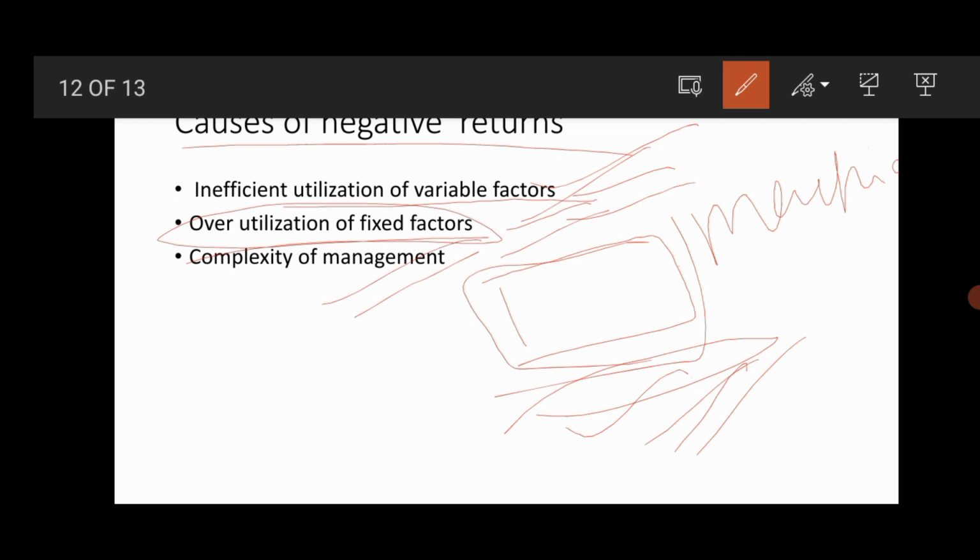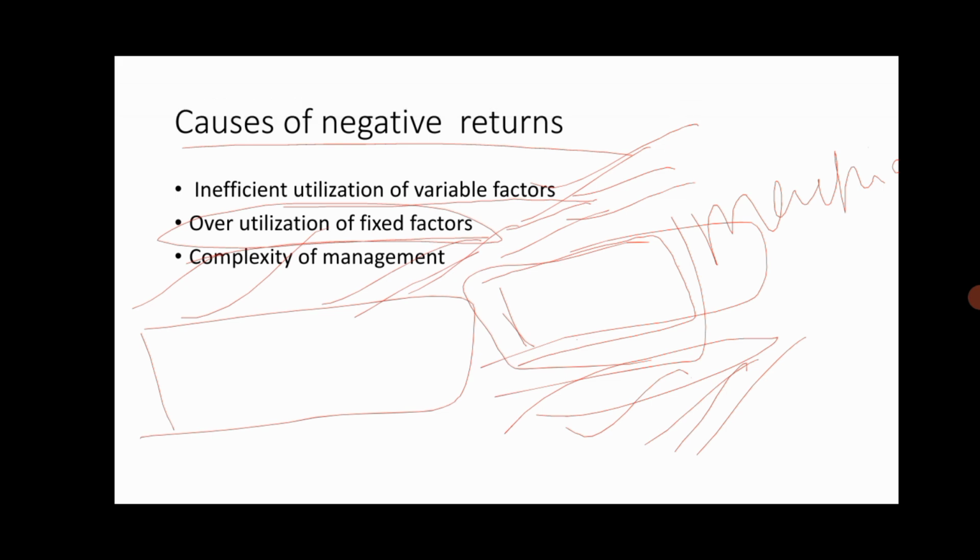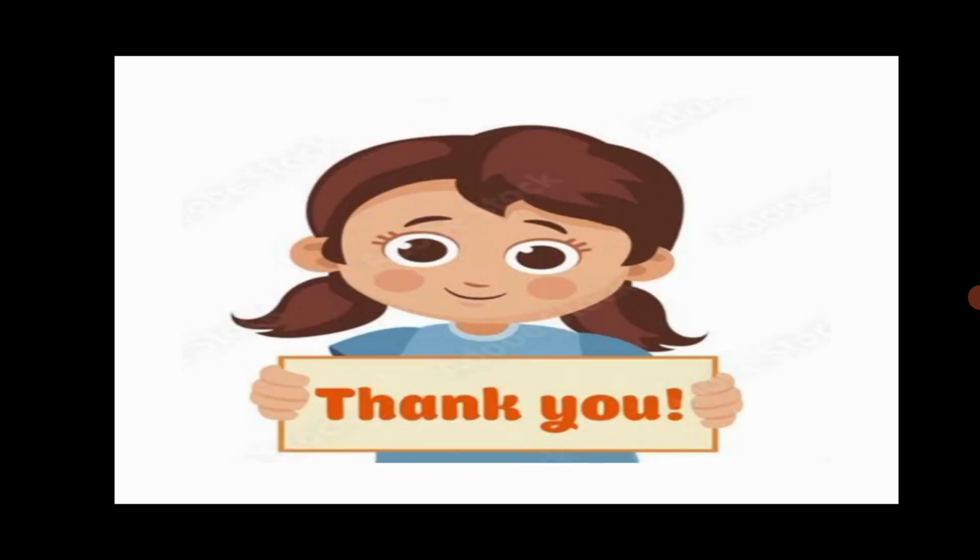If there is one land and they are employing more labor in order to work on the land, then they can't manage them. Even if there is one machine and they are employing more workers in order to operate that machine, there is a complexity of management, or it becomes difficult for the management to manage. So this will be the reason for the negative returns in the law of variable proportion.